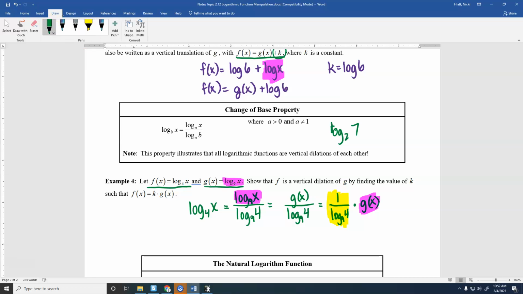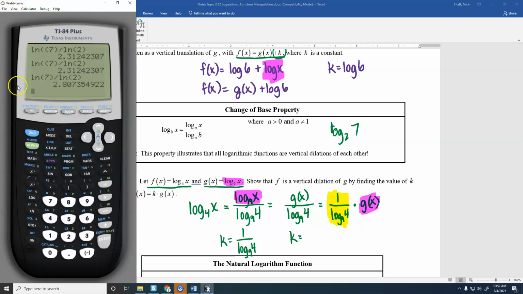So depending on whether this is calculator active or inactive, I could say k is 1 over log base 9 of 4 if it's calculator inactive. If it is calculator active, then I could do 1 divided by log base 9 of 4, and I get 1.585.